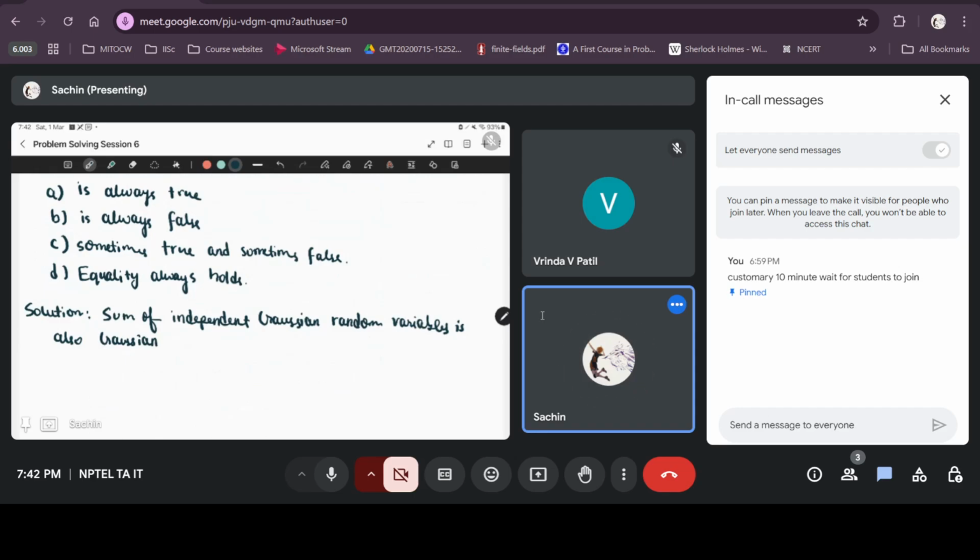And for a Gaussian random variable, what is the entropy?